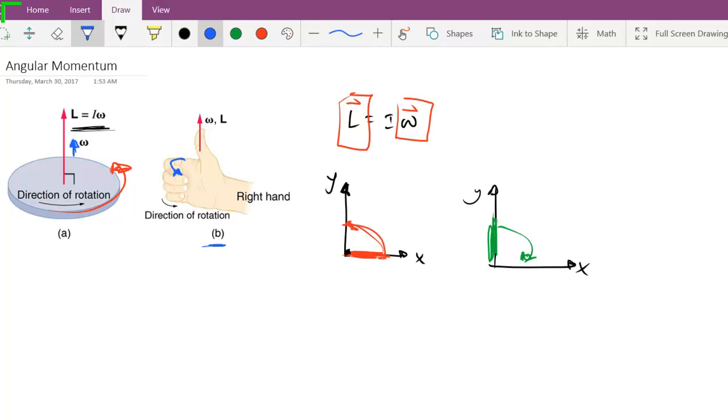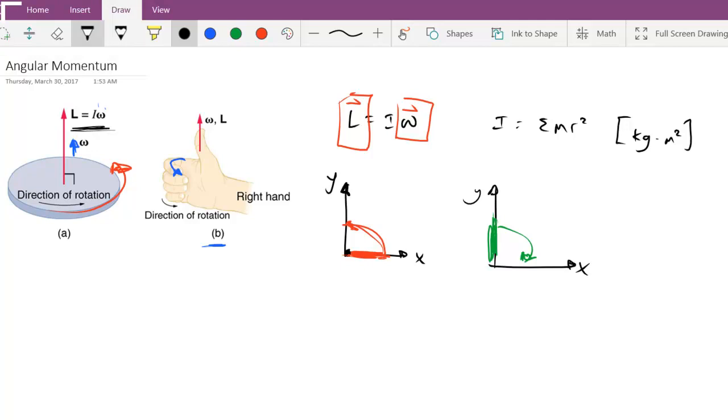So the angular momentum is the rotational inertia times the rotational velocity. The units of this, so we have the rotational inertia. Remember, I is equal to the sum of all the masses times how far away they are squared. So the units of the rotational inertia are kilogram meters squared, and then for angular momentum, we multiply this by angular velocity as well.